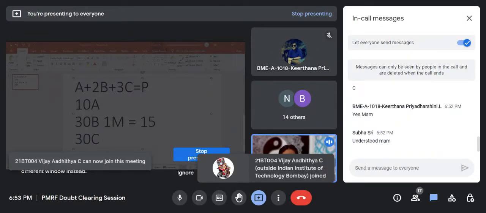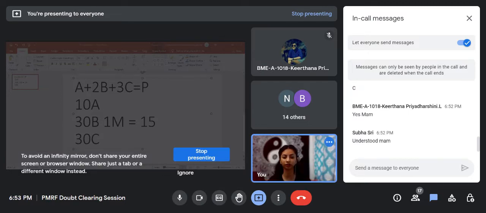Understood, everyone? Is there anyone who's not understood? Then just write that in the chat, or you can unmute yourself. I'm assuming you have understood.